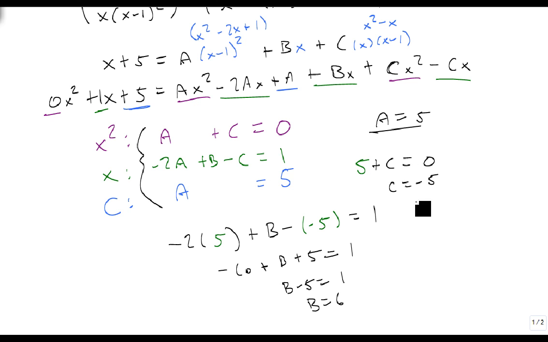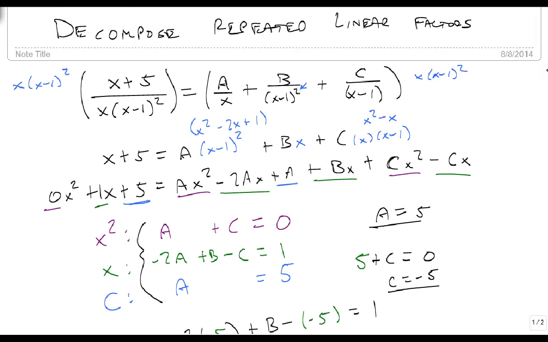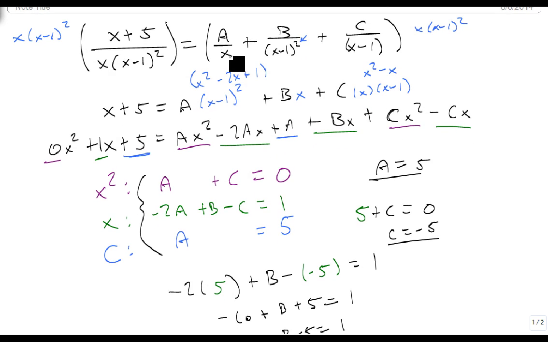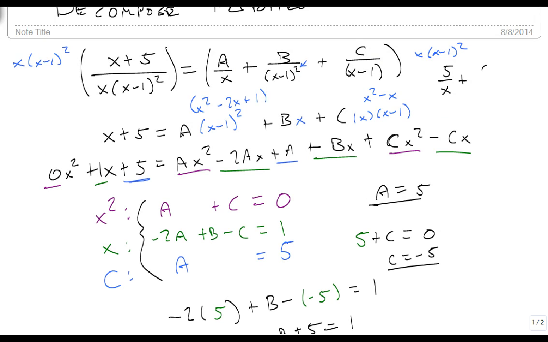So now I found my A, I found my B, and I found my C, so I just need to come back up and rewrite this, and notice I need to be very careful about how I'm rewriting this. So I'm going to get 5 over x plus 6 over x minus 1 squared minus 5 over x minus 1. And here is my partial fraction decomposition of x plus 5 over x times x minus 1 squared.